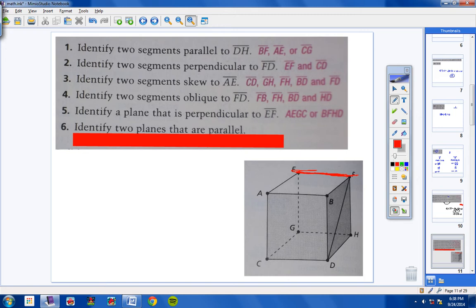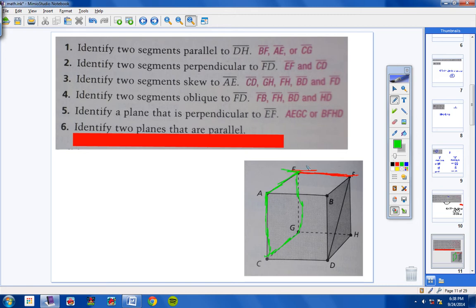So this plane here, ABG, that would not be right. Hold on one second. Here we go. AEGC right here would be perpendicular to this line.